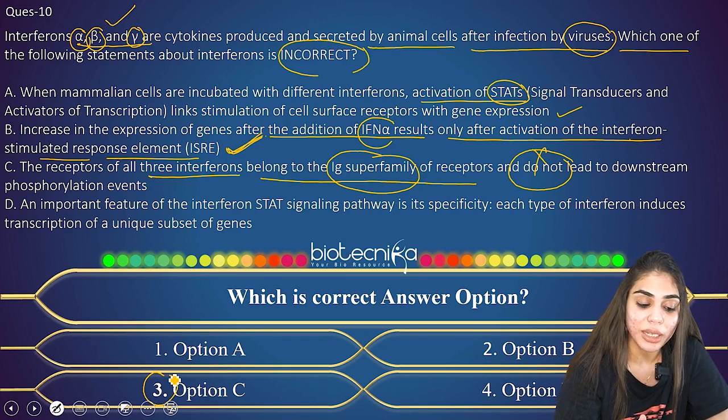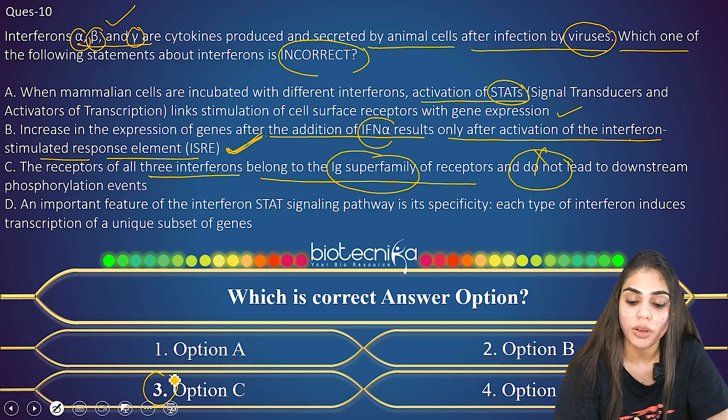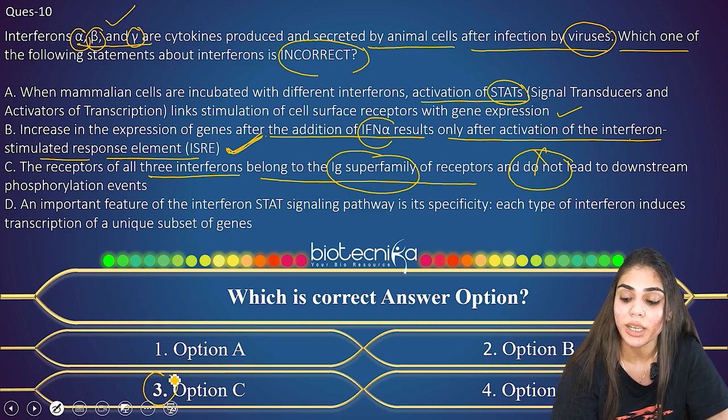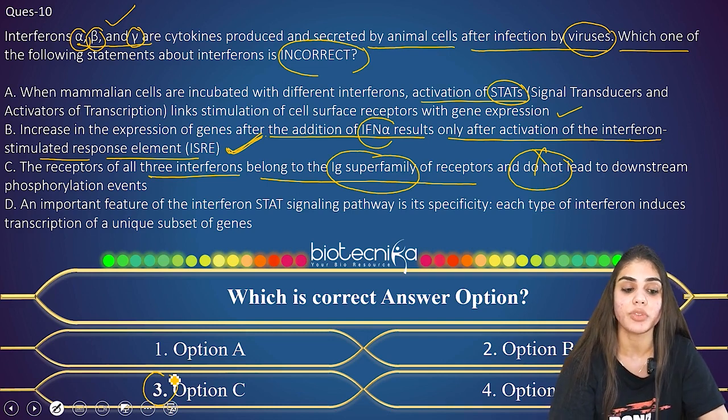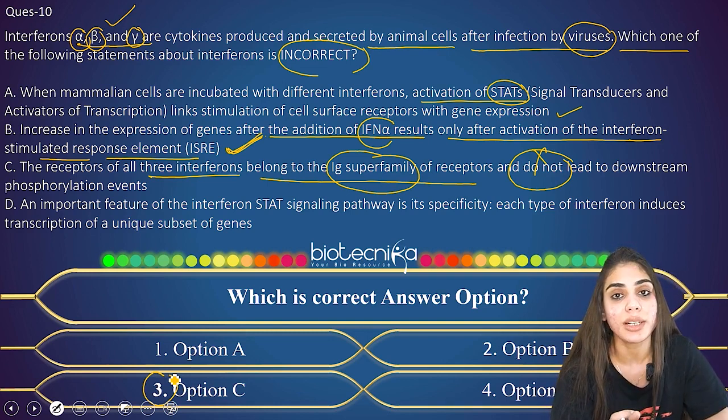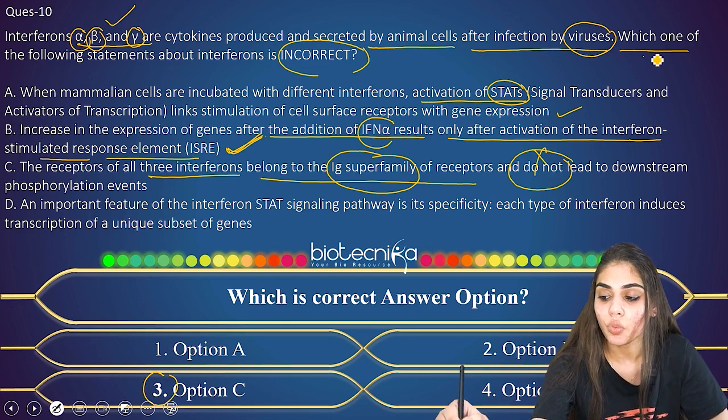The fourth statement is talking about an important feature of the interferon STAT signaling pathway, its specificity. Each type of interferon induces transcription of a unique subset of genes. Now there are three different classes of interferon: interferon 1, 2 as well as 3.